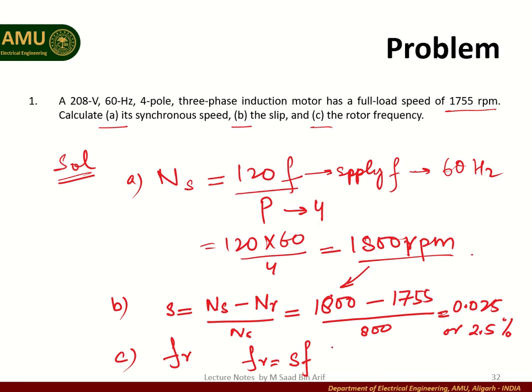Slip at full load we already calculated: 0.025 into 60 is equal to 1.5 hertz. See how low the frequency of the rotor is. The core losses are almost 0.